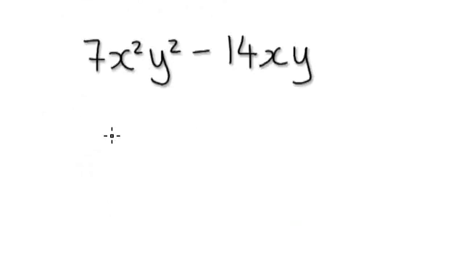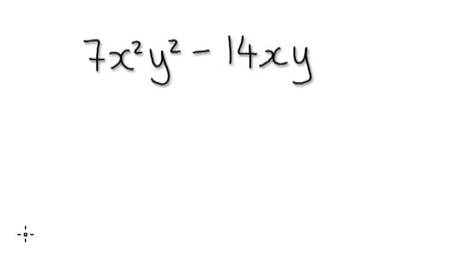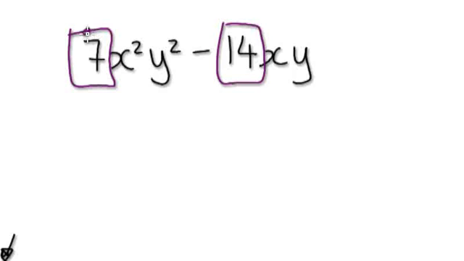Okay, last one. Remember, sort out the 7 and the 14 first. Decide what's in common, the highest common thing. Press pause and have a go. Sort out the highest common factor between these two. It happens to be 7.